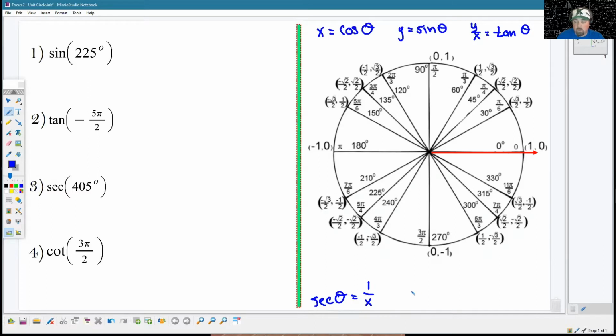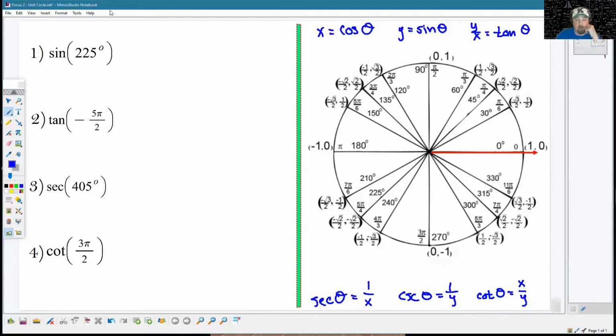The reciprocal of sine is called cosecant, CSC of our angle. Since sine is y, it's going to be 1 over the y value. And cotangent is going to be the reciprocal of tangent, so the x will be on the top, the y will be on the bottom. So that's how we use this to find those.